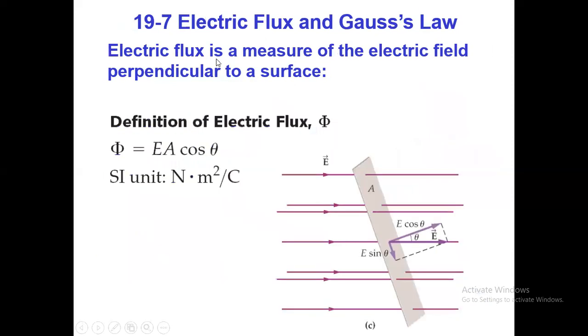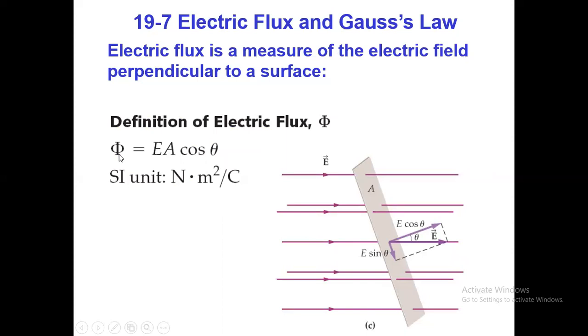Further, electric flux is a measure of the electric field perpendicular to a surface. In this slide, the definition of electric flux: we all know that the electric lines of field passing through per unit area is called electric flux. So if the lines of force pass through a particular area, it becomes the flux.